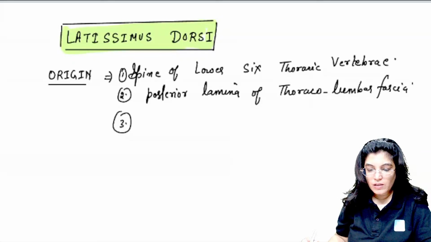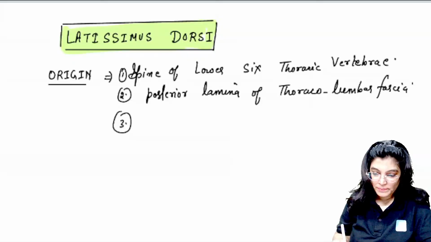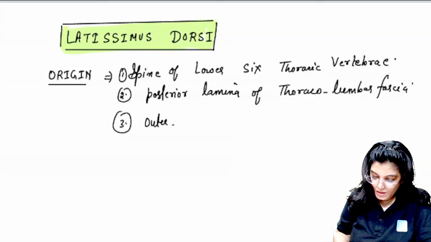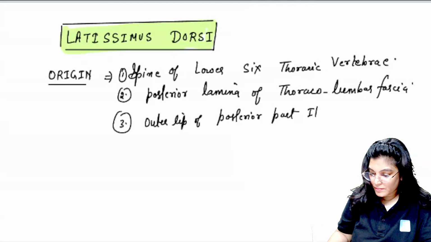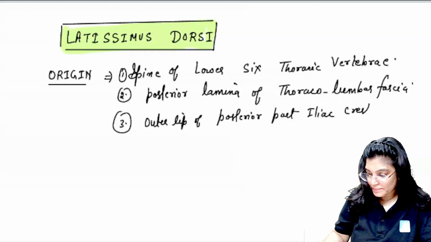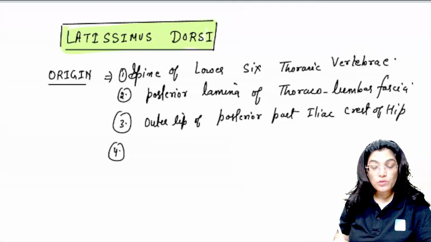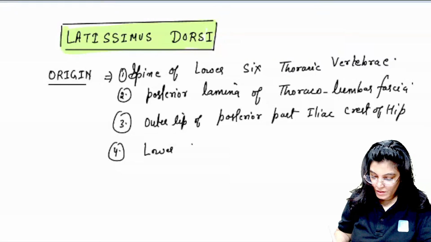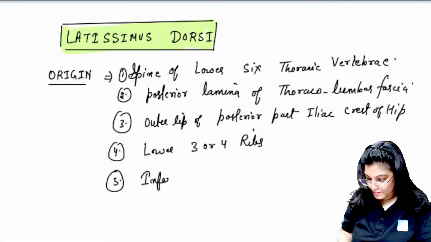Other than that, also from the outer lip of posterior part of iliac crest of the hip, lower 3 or 4 ribs, also from inferior angle of scapula.